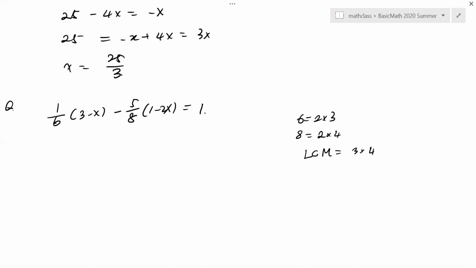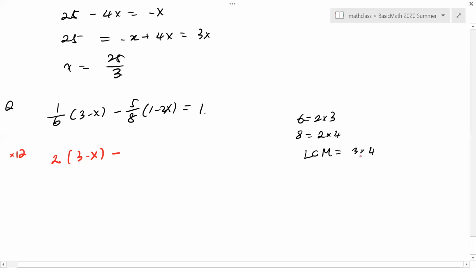Okay, so you multiply both sides by... no, sorry. 12 is not good enough.